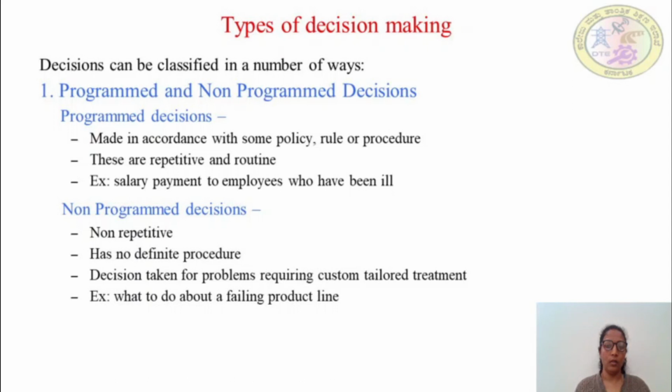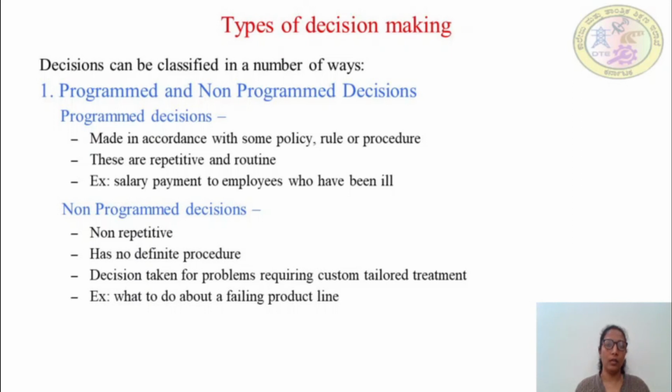The programmed decisions are routine and repetitive in nature and are relatively easy to make. For example, determining salary payment to the workers who have been ill, offering discounts to regular customers, etc., are programmed decisions.